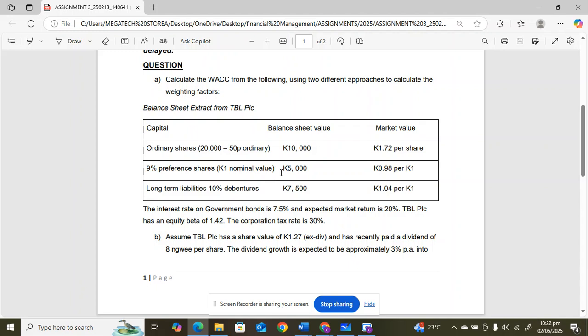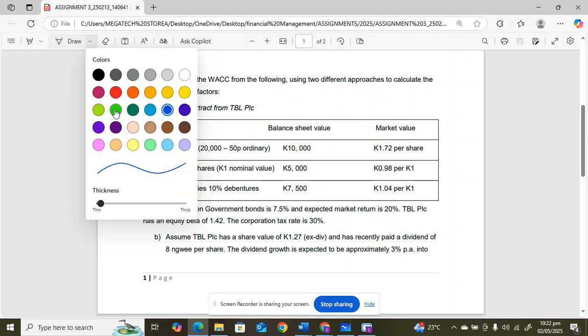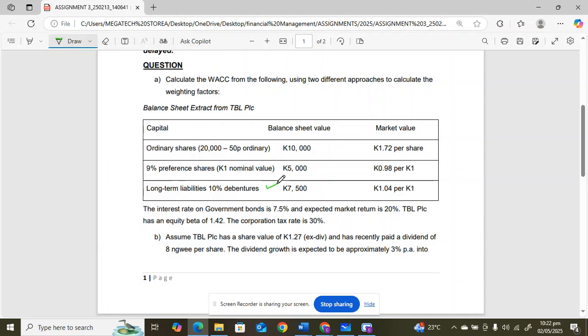All right. So the questions tend to change depending on those circumstances. And when a company closes down, the first people to get paid are the debt holders. Then the preference shareholders.